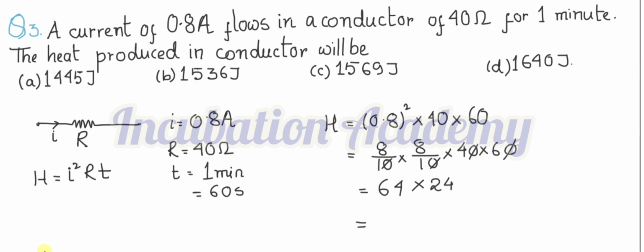If I do this multiplication, the sense tells us that B will be the answer because 4 into 4 is 16 and there are no other alternatives, but we have to check it. 64 multiplied by 24: 4 times 4 is 16, 1 in my hand, 6 times 4 is 24, and so on, giving 1536.